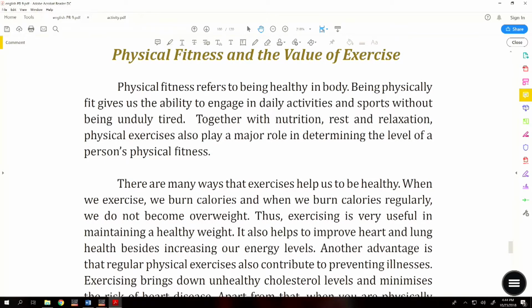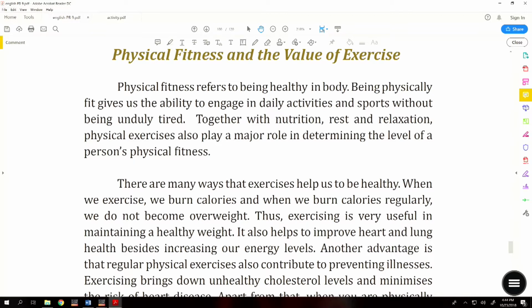Physical fitness refers to being healthy in body. Right? To make our body healthy. Being physically fit gives us the ability to engage in daily activities and sports without being unduly tired.